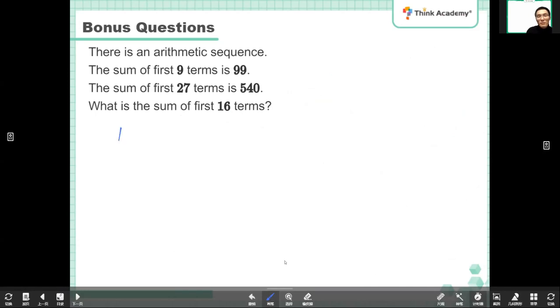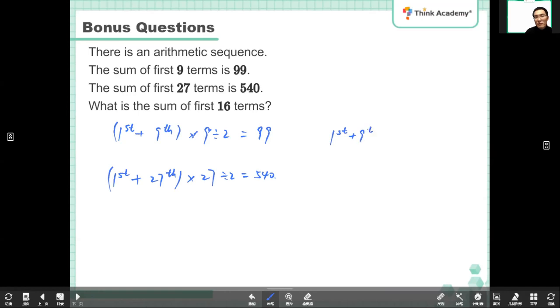The sum of the first 9 terms is the first term plus the 9th term times 9 divided by 2, which is 99. And then the first term plus the 27th term times 27 divided by 2 gives us 540. Okay, and then we can find the first term plus the 9th term by doing, again, 99 divided by 9 times 2, which is 22.